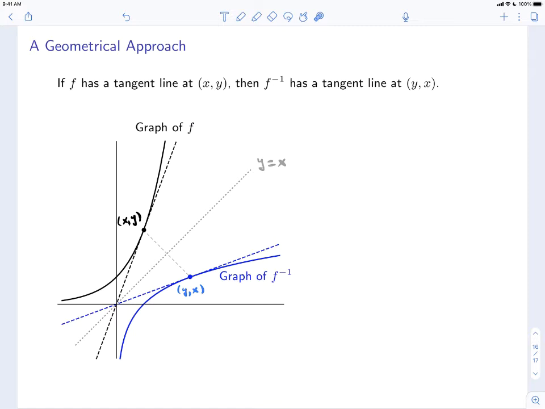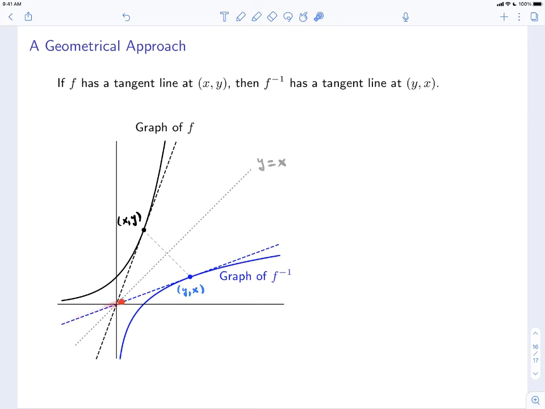And you can see just from looking at the graph that if this graph of f has a tangent line at a certain point, then the graph of f inverse also has a tangent line at a point which is corresponding to the original point. And again, we know how to find that point, because if you start with x comma y, that reflects through the line y equals x and gives you the point y comma x. So we have the point.